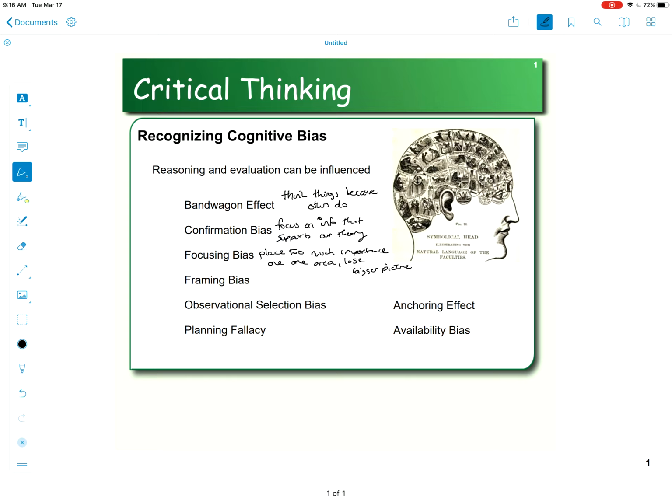All right, the next cognitive bias we're going to look at is what is called framing bias. Framing bias is where we draw different conclusions based on how the info is presented.